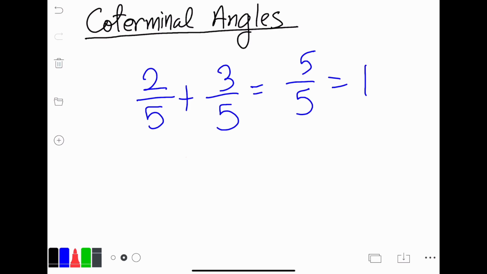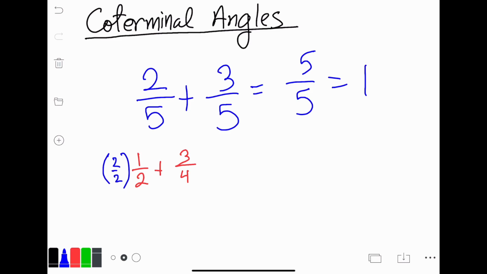Now let's take, for example, 1 over 2 plus 3 over 4. In order for these two fractions to be added to each other, they have to have a common denominator. So notice that these two fractions do not have the same denominator. However, if I were to multiply this fraction here by 2 over 2, notice this just means we're multiplying by 1.